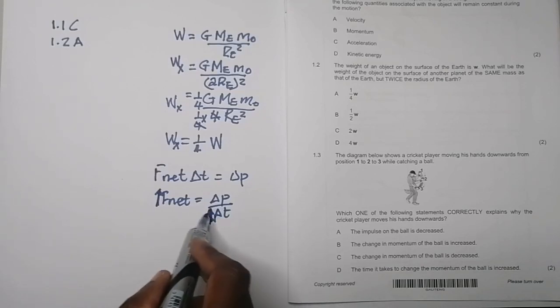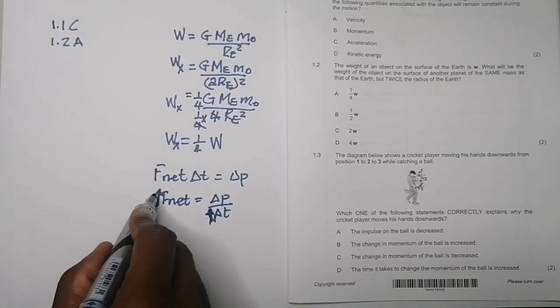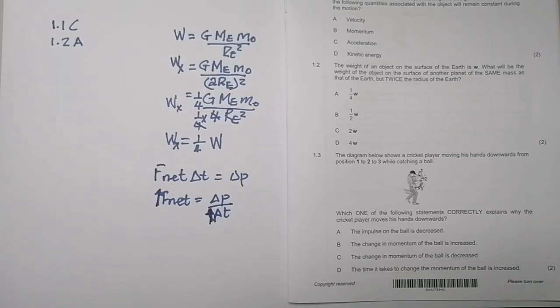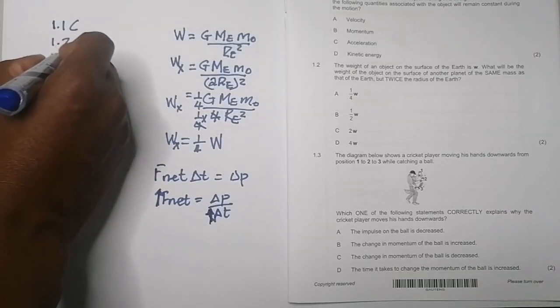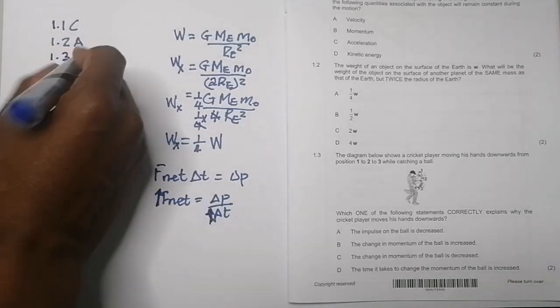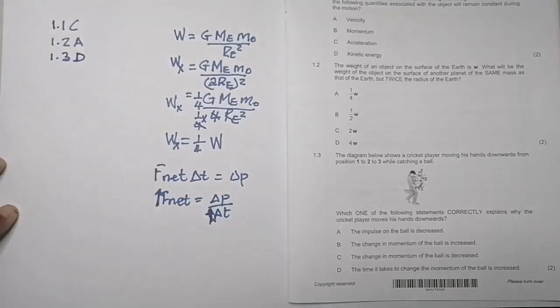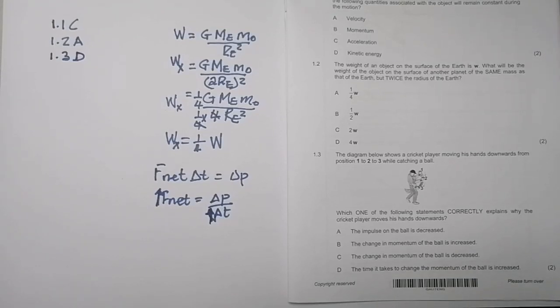We increase the time it takes, and in that case it will decrease the force of impact. So our correct answer there on 1.3 should be D. Right, as we move swiftly along.